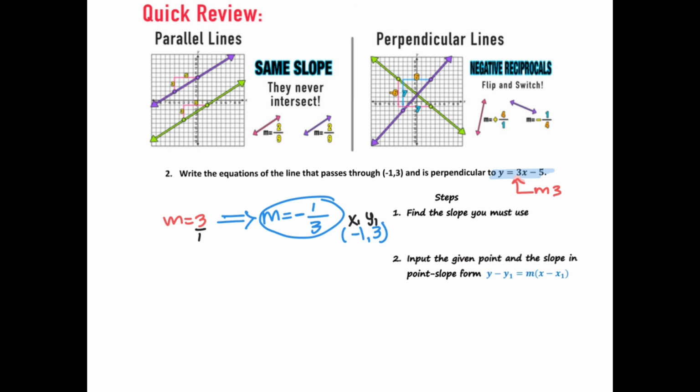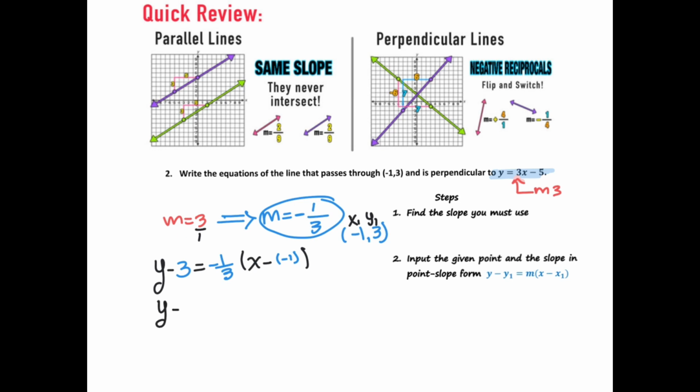Okay, let's do this again. y minus y1, which happens to be 3, equals m, and my m is -1/3, parentheses x minus x1, and my x1 is a -1. So I'm going to put a parenthesis with a -1 in the middle because I already have a negative there. Close my parentheses. Okay, so again, we end up with a double parenthesis, a double negative. We're going to get rid of that.